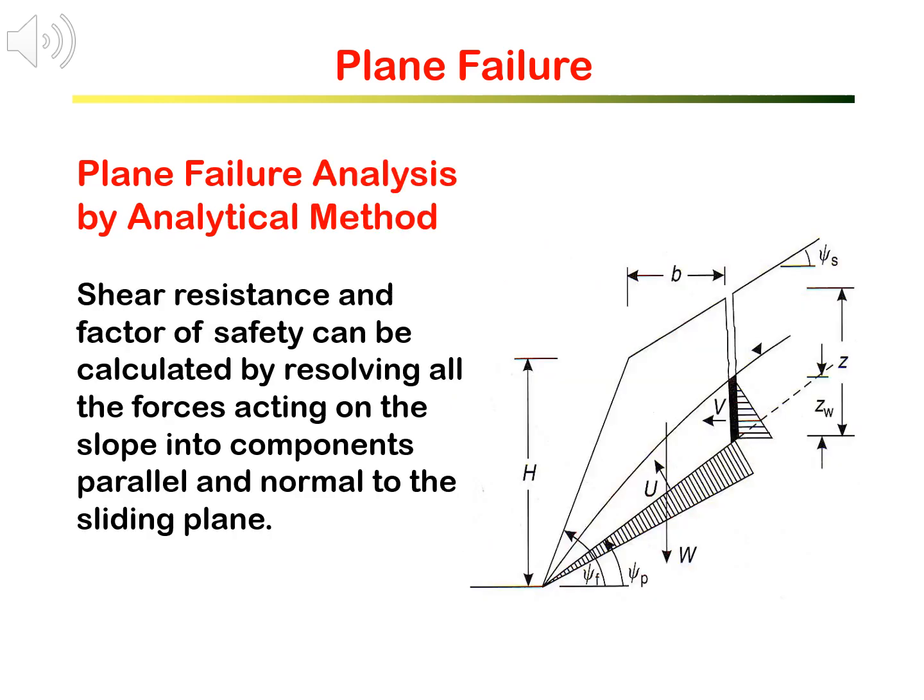Plane failure analysis can also be carried out using analytical methods. It is done by examining the force diagrams illustrated here. By resolving all the forces acting on the slope into components parallel and normal to the sliding plane, we can calculate the shear resistance along the sliding plane and calculate the factor of safety.